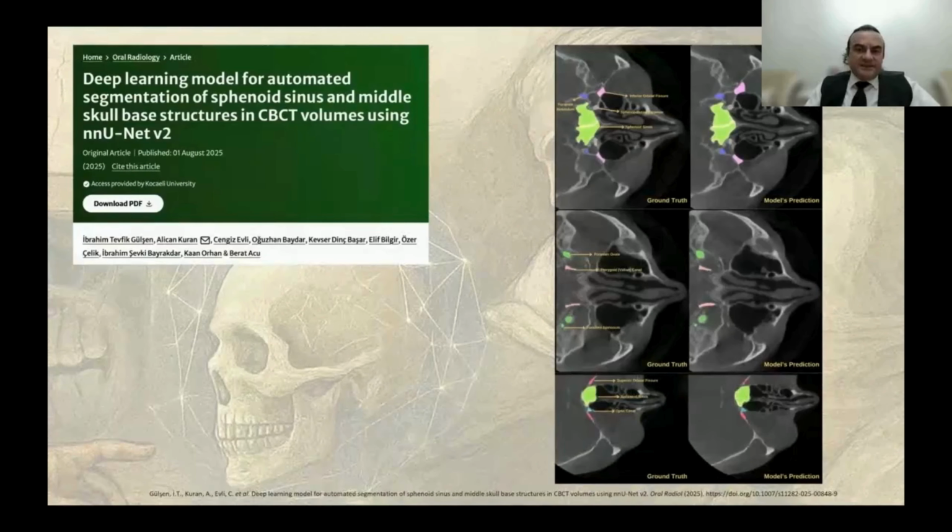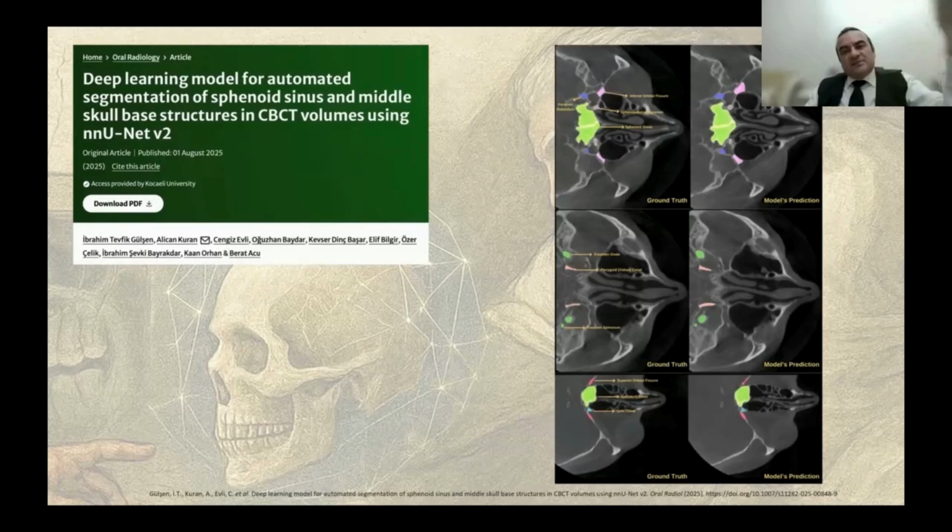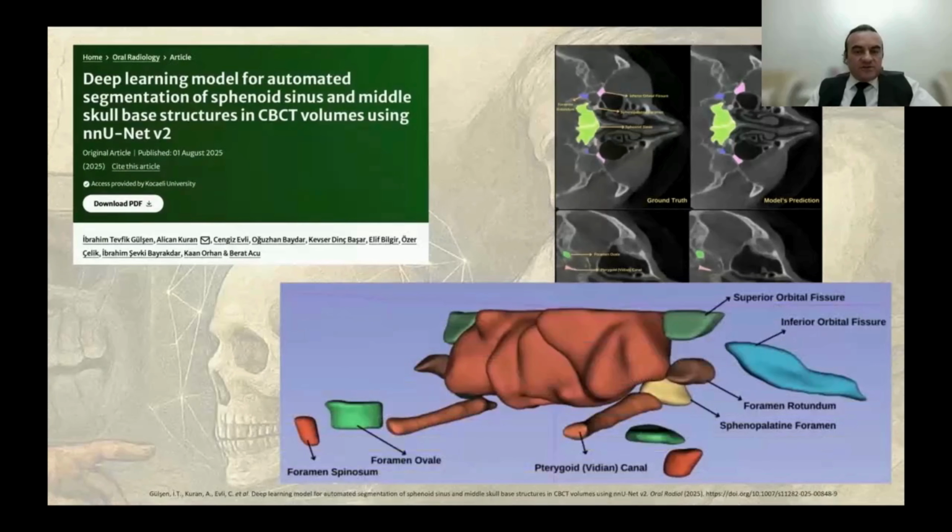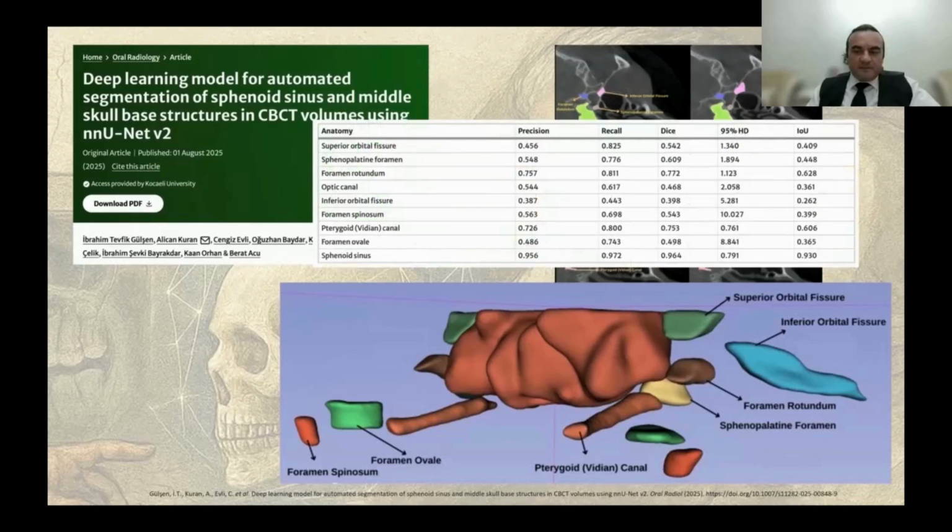Of course, it's mostly for the radiologists, not just for the dentists, but if you're dealing with CBCT imaging, it may be quite challenging. So the AI can make the segmentation and the classification of the anatomical landmarks. Here is the 3D representation of this study as well.